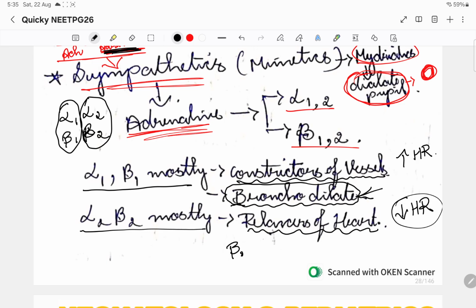Why are we not using beta blockers in asthmatic patients? Because in asthma, the bronchioles are already constricted. If I use a beta blocker, it blocks the dilation of the bronchioles and too much constriction will happen, right? So we will not use beta blockers in asthmatic patients.